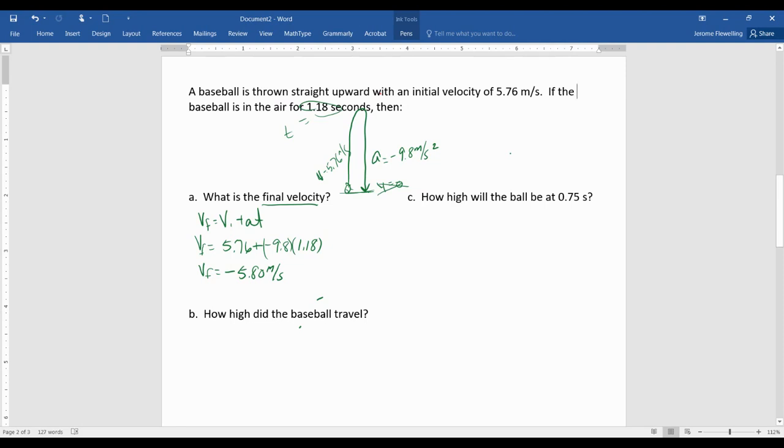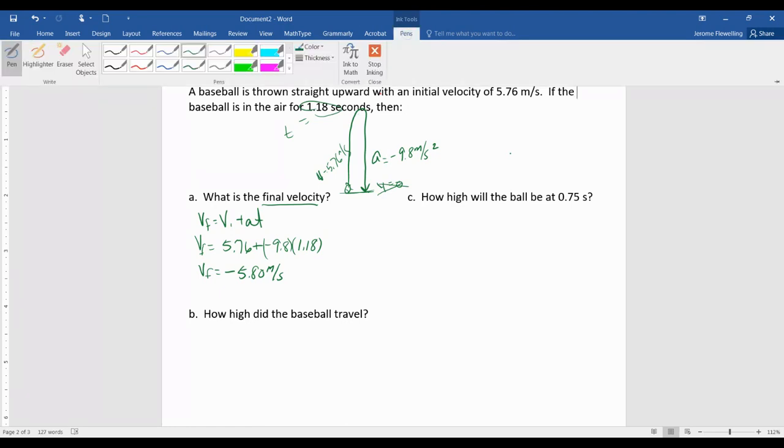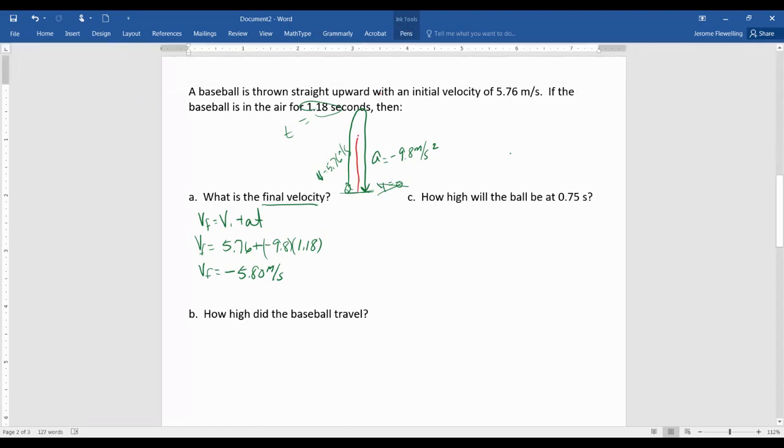So then in our next question, how high did the baseball travel? We want to know how high did it go in order for it to go from here all the way up to here. Well, what that does is change our problem just a little bit. So this is going to be a y displacement. It doesn't look very much like a y though, huh? Deleted the wrong thing.